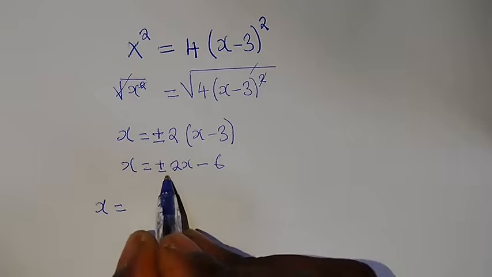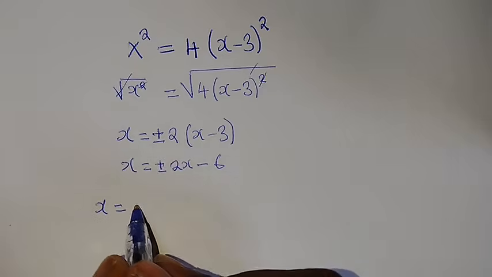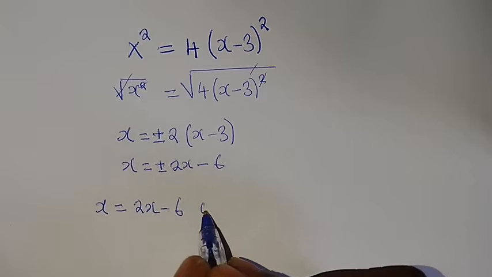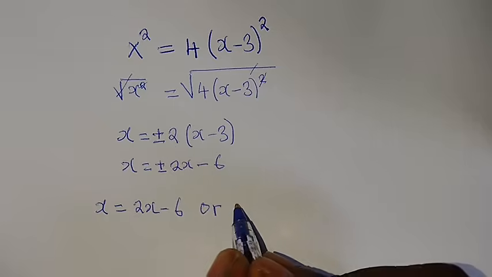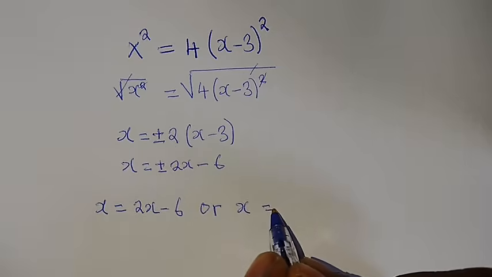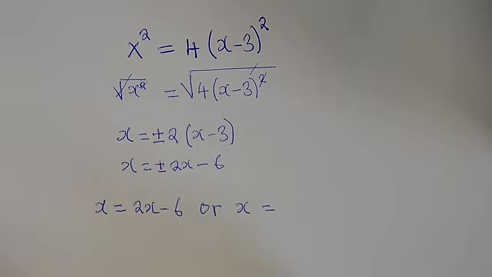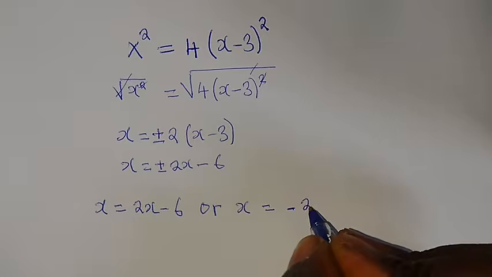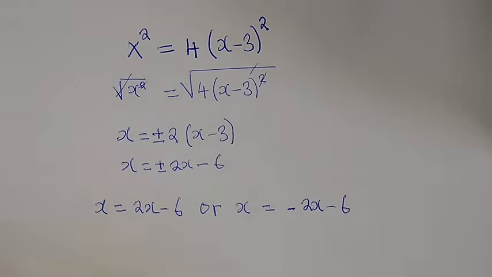I'll get the positive value, 2x minus 6, or x equal to the negative value, negative 2x minus 6, like this. I hope it's clear what I've explained here.